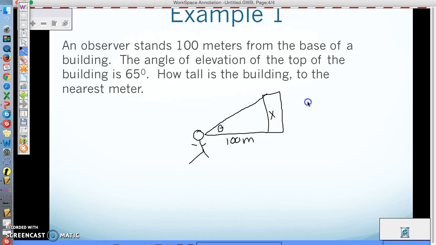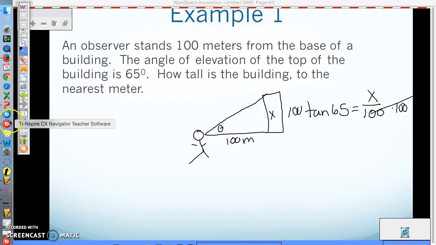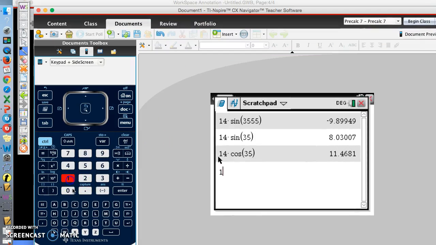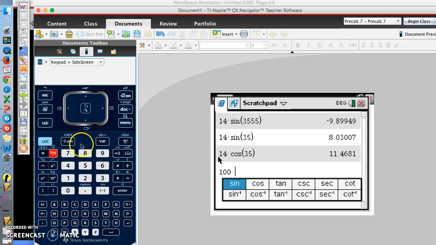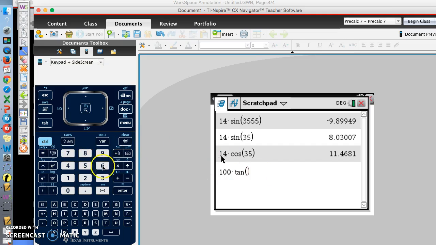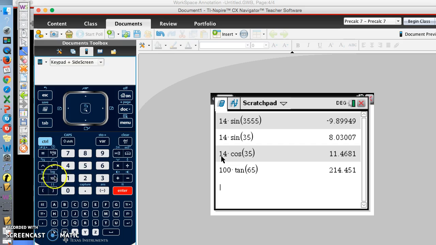So opposite over adjacent, so we could say the tangent of 65 is x over 100, multiplied by 100. So we have 100 times the tangent of 65. So we have 214.5.